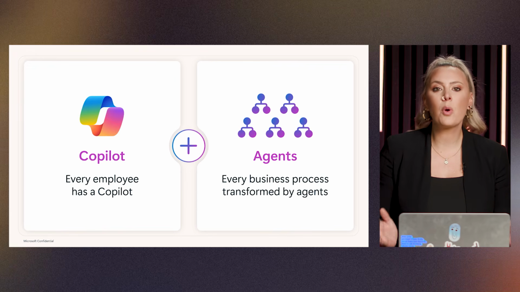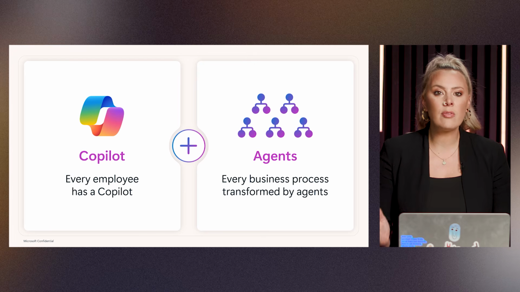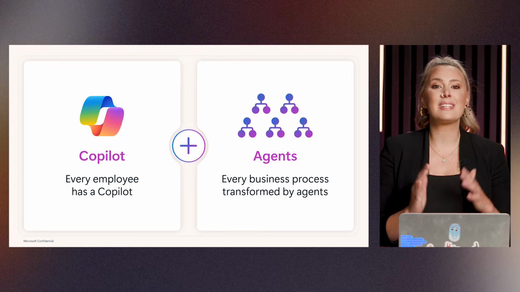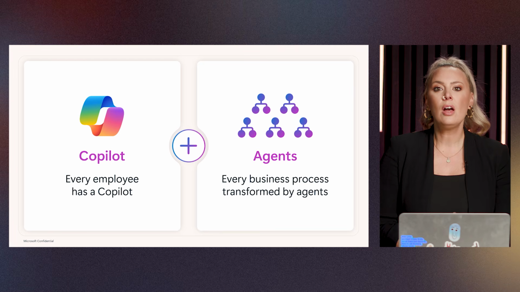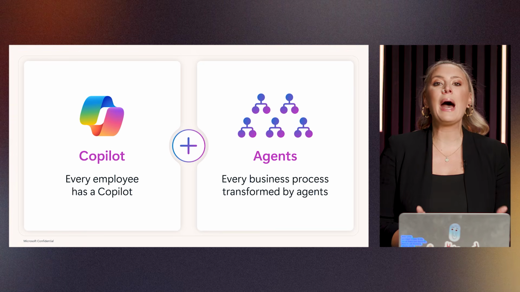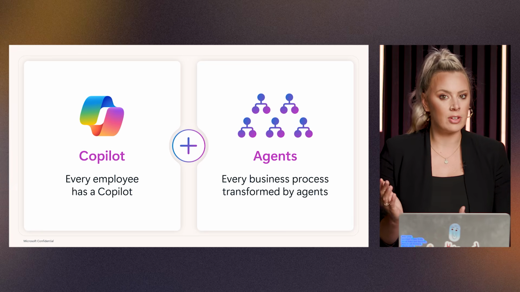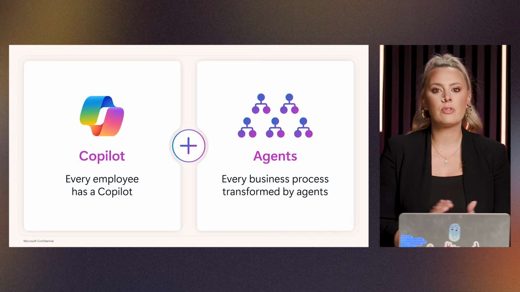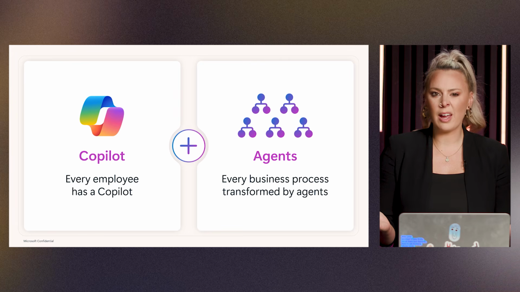AI is transforming the way we do business, from every individual's to every single business process across every organization and every industry. The way that Microsoft is empowering organizations to do this is with Copilot for every employee and agents for every business process. And this seems pretty simple, right?